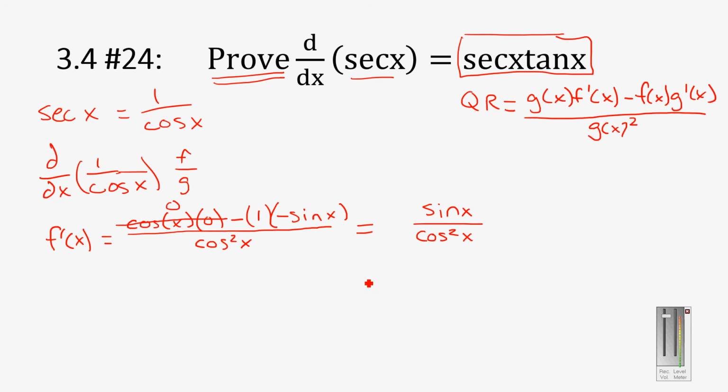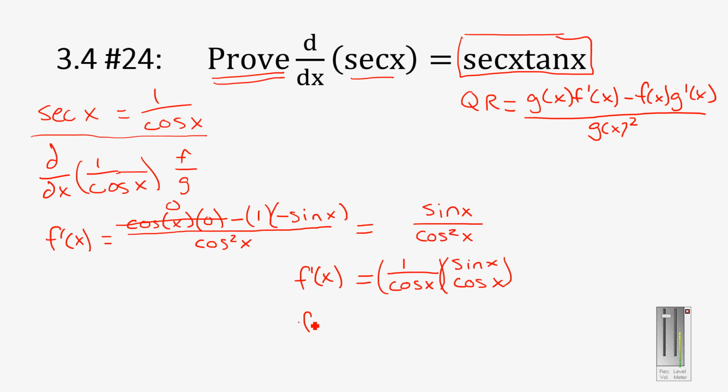So I can say, you know what? I can rewrite sine x over cos squared x. So I can say f prime of x is still that, but this time I'm going to say it's 1 over cos x times sine x over cos x. What that gives me is 1 times sine x over cos times cos, which is cos squared x. Now remember what we said earlier: secant x was equal to 1 over cos x.